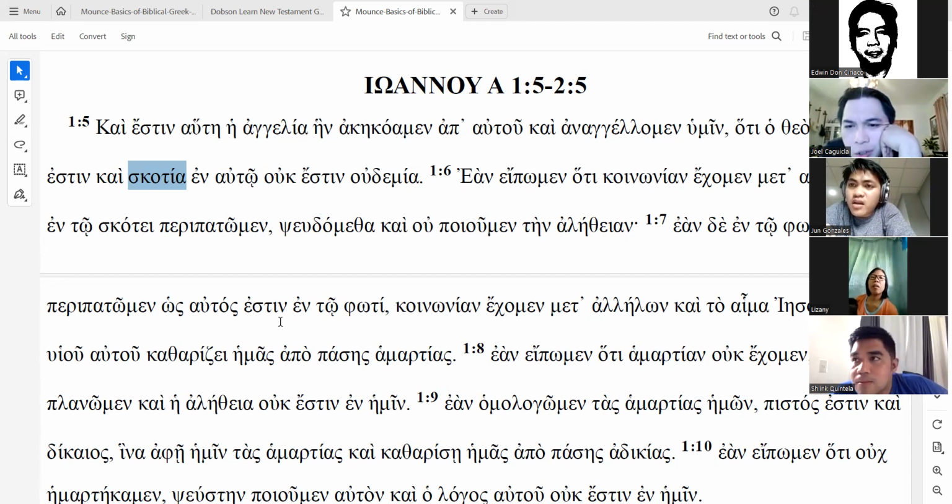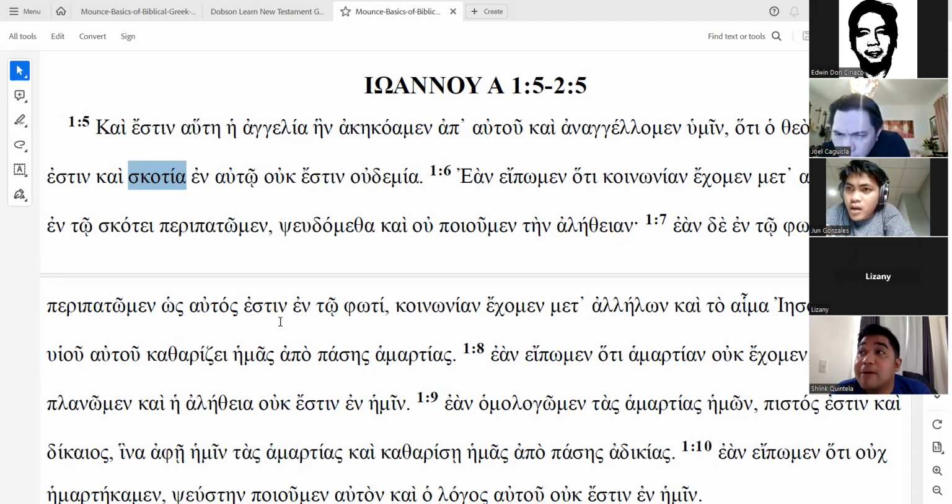And then echomen. Meth, so this is again an elision followed by a vowel. So it is meta followed by another vowel.